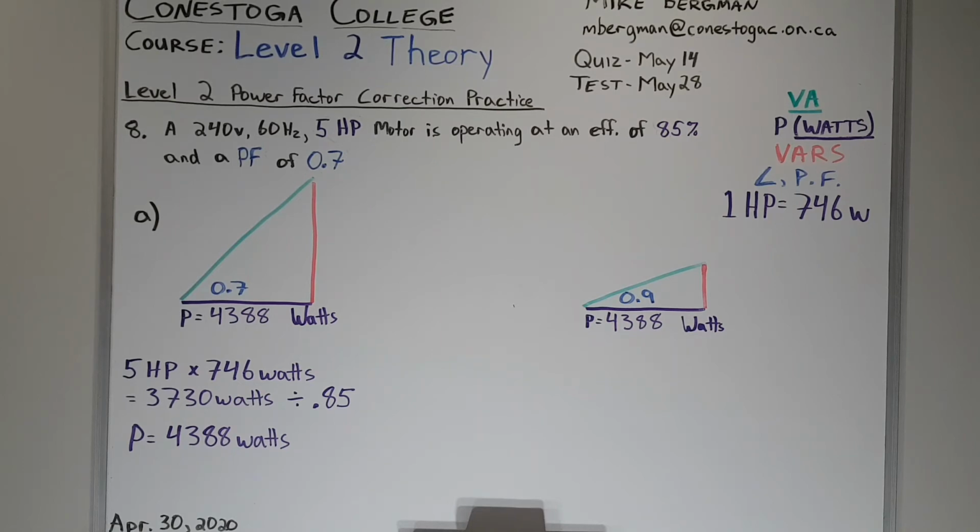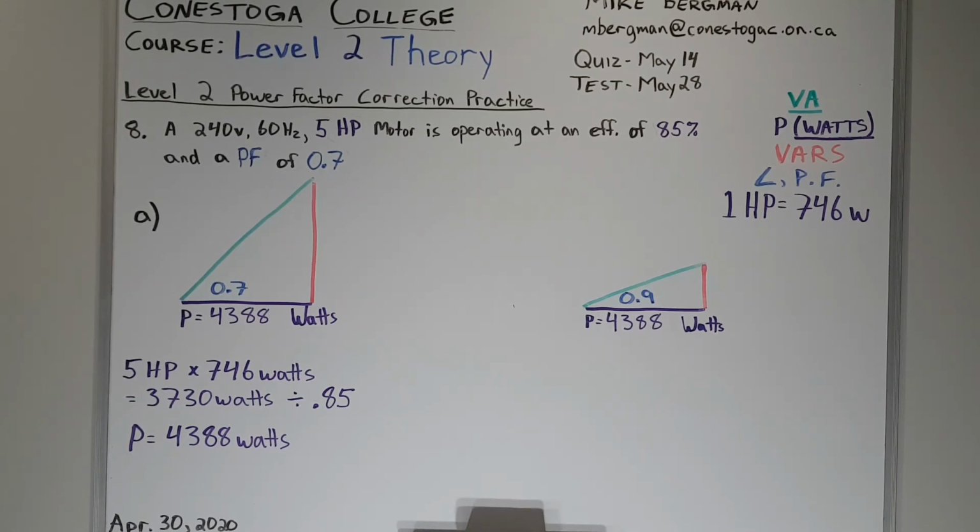That will not change. Go back to the first triangle, 0.7 power factor. How I calculate my watts was, we first have to know that 1 horsepower equals 746 watts. So I've drawn it over on the far right with our color coding scheme there. Now, this motor has 5 horsepower times 746 watts is 3,730 watts.